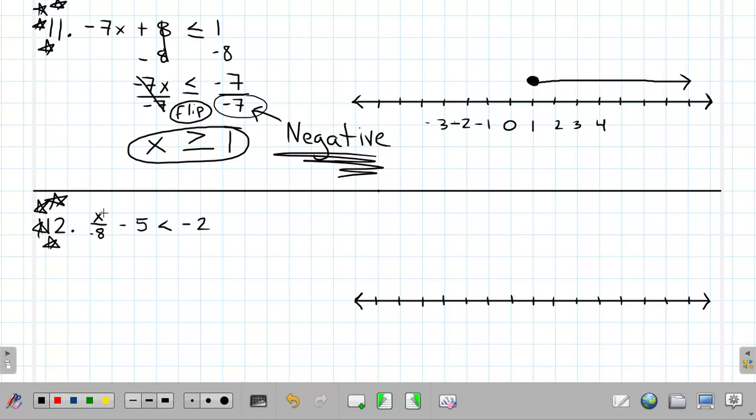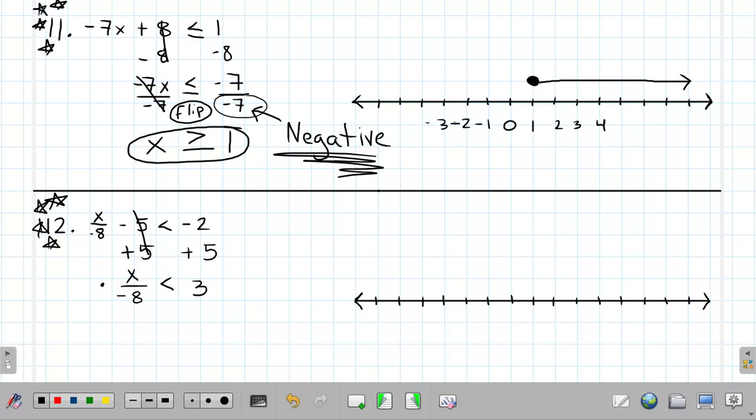Here we're dividing x by negative 8, then we're subtracting 5. So that means we need to add 5. And since we're adding 5, those go away. So x divided by negative 8 is still going to be less than negative 2 plus 5. That's 3. So we didn't flip the sign yet because all we did was add 5.